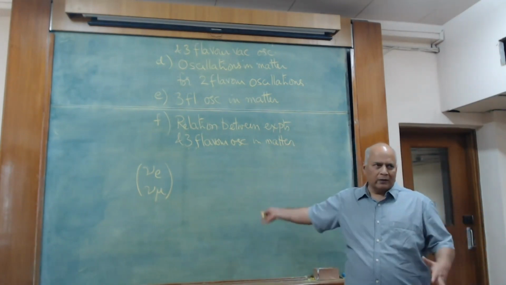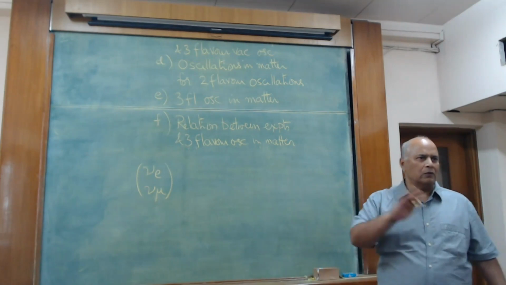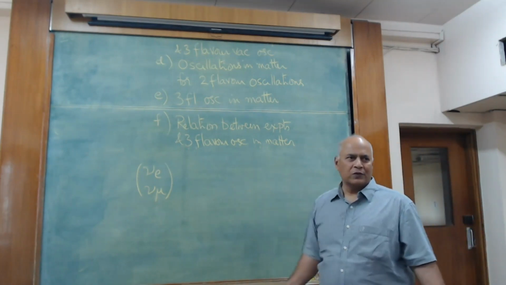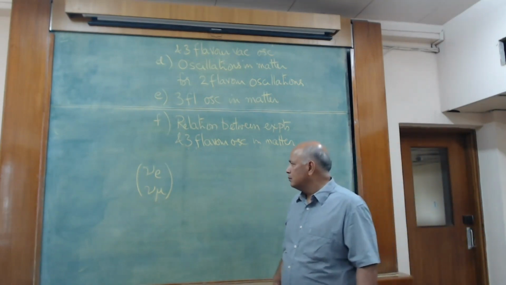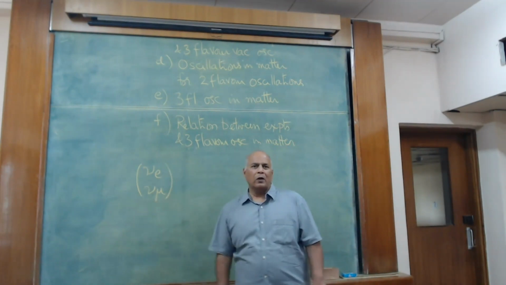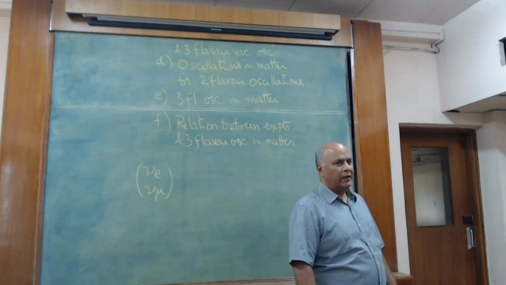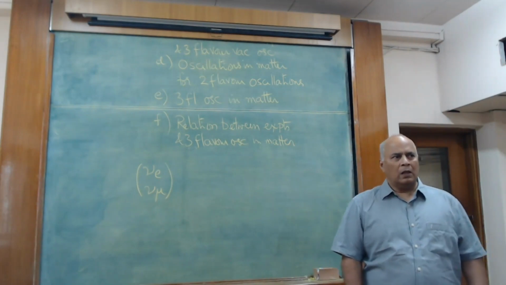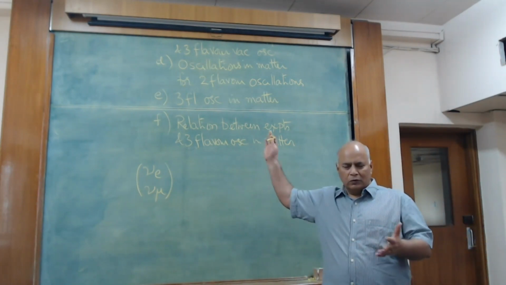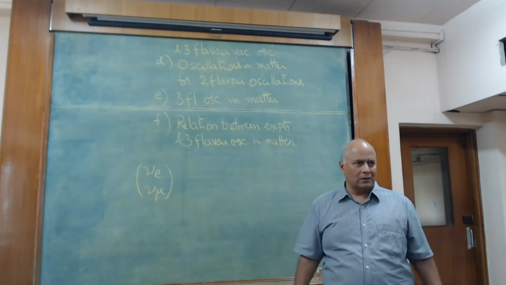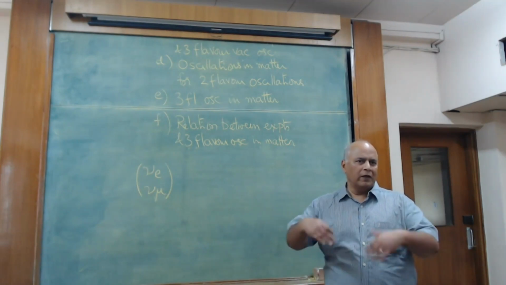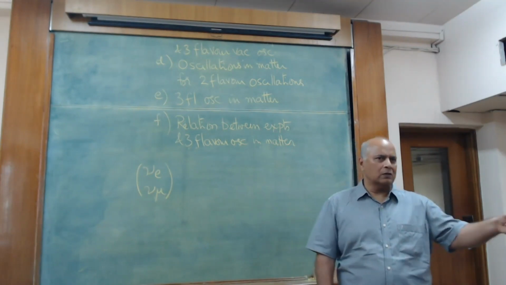One, when it interacts, produces electrons, the other when it interacts produces muons. So these are what we call interaction eigenstates. And as far as people knew, they are actually massless. And if they do have mass, that mass is quite small.